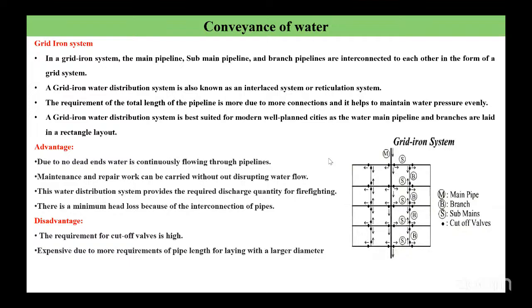This system is best suited for firefighting, because wherever possible, water at a high amount of pressure can be used by the firefighters, and there is minimum head loss because of the interconnection of the pipes, so there is no loss. Though it is expensive, it is used for several purposes without any hassles.